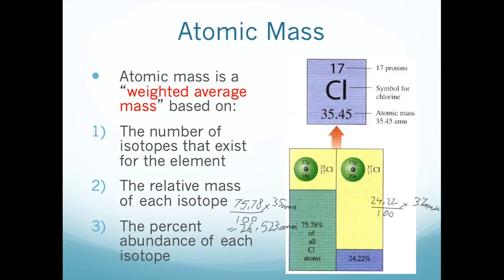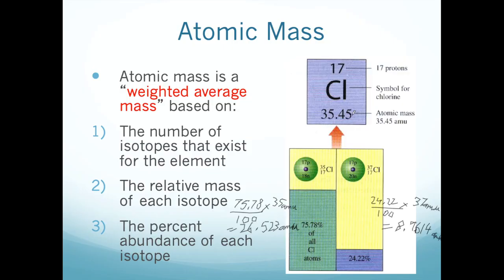That's a U, not an M. And if we take 24.22 divided by 100, or 0.2422, and multiply that by 37, we get 8.9614 AMU. If we add these two numbers up, we would get 35.45.